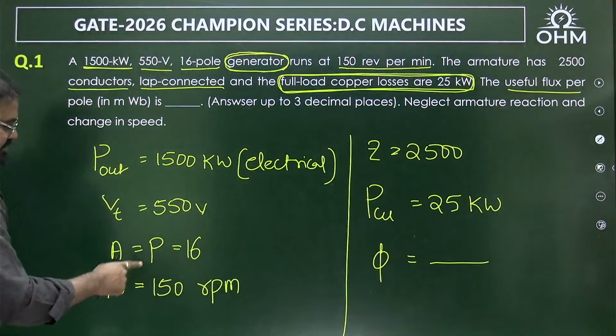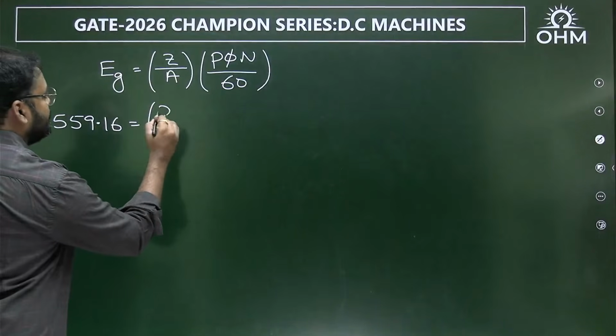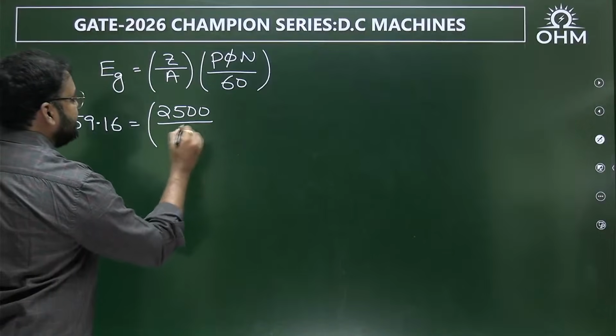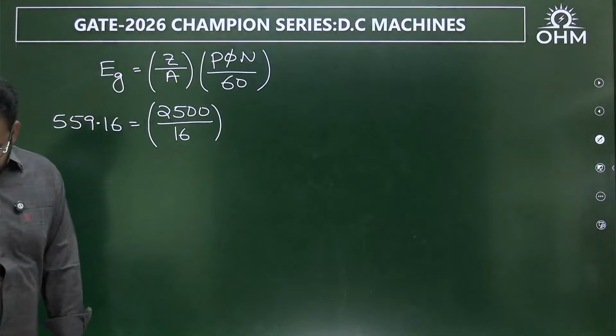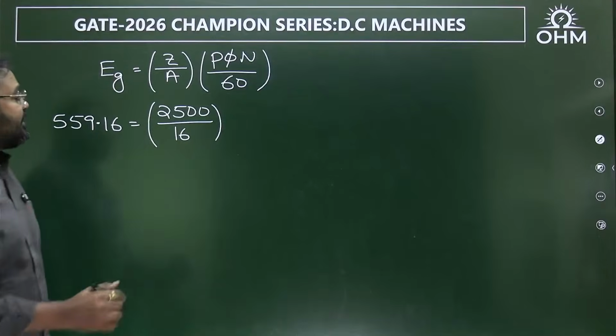Number of conductors already given. How many conductors are there? 2500 conductors with 16 parallel paths. Yes, 16 parallel paths.